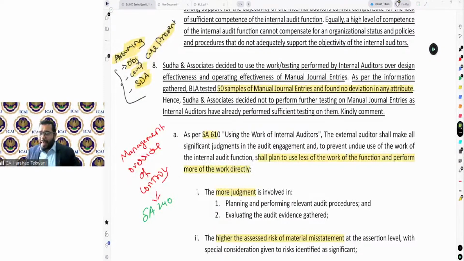For the SA 700 series, I will be covering in depth and detail because that's a very important topic on the audit report. I will be explaining the essay also. Till now we were only discussing the questions, but for the SA 700 series, I will be discussing the requirements of the essay in detail and then some questions.